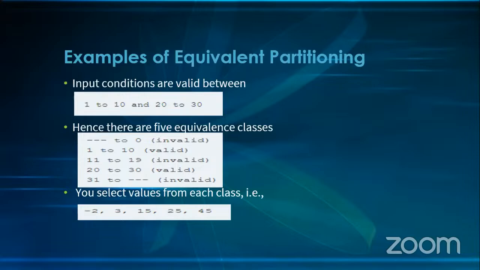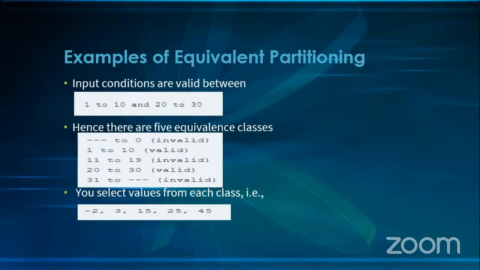So let's break it down. I can break it down into more than 5 cases. For my first part, because it says 1 to 10, let me start from minus something, minus 2, minus 1, 0.